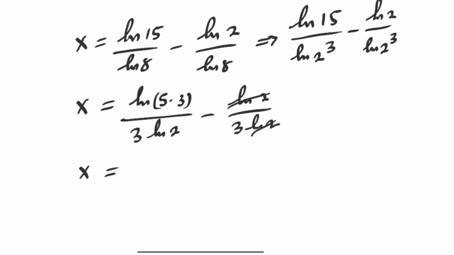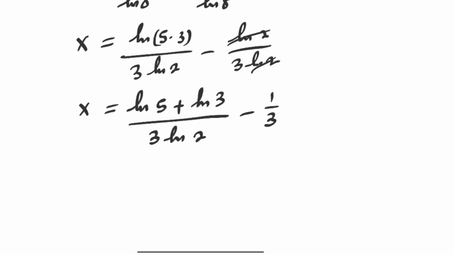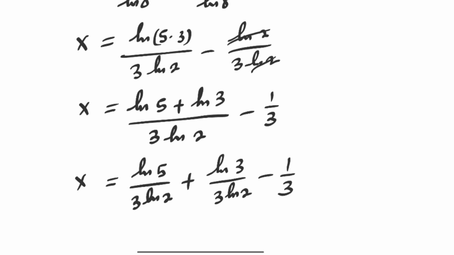S is equal to ln of 5 multiplied by 3, which can be written as ln of 5 plus ln of 3, over 3 ln of 2 minus 1 over 3. S is equal to ln of 5 over 3 ln of 2 plus ln of 3 over 3 ln of 2 minus 1 over 3.